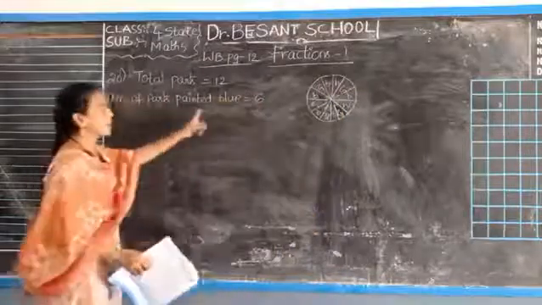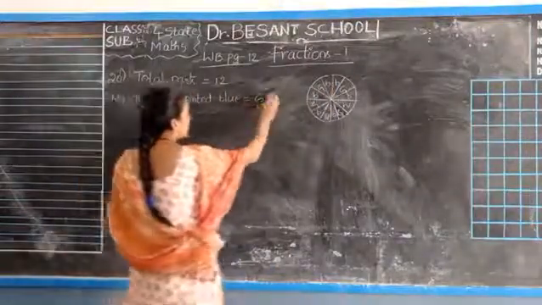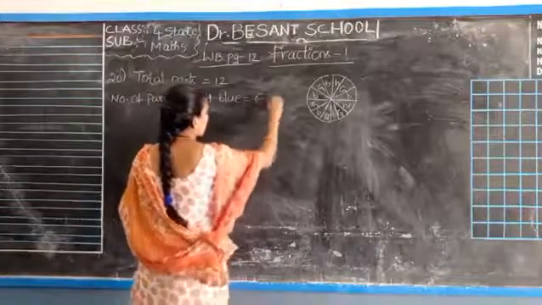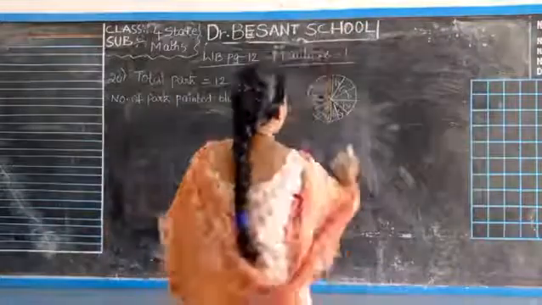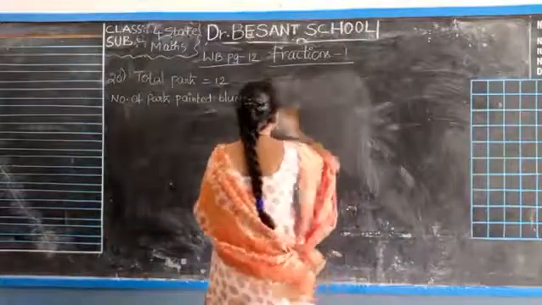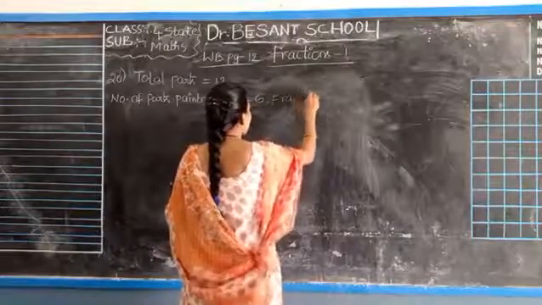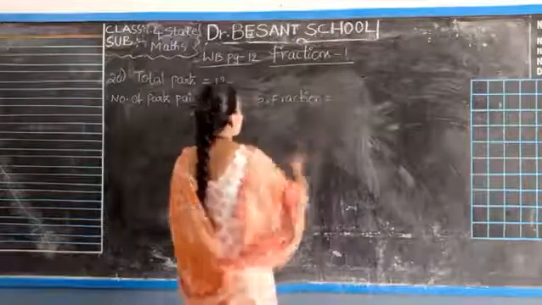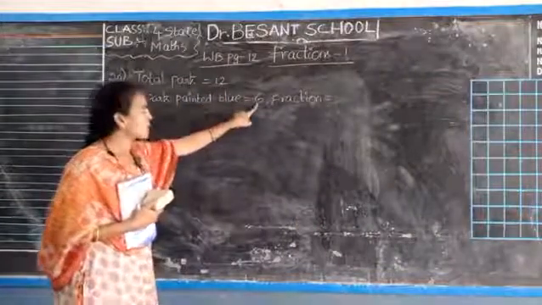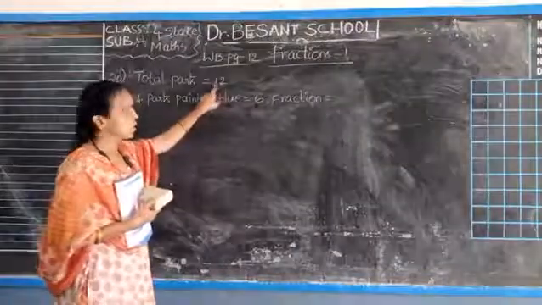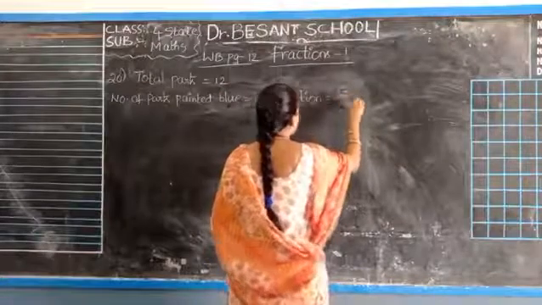So the number of parts painted in blue is 6. So what is the fraction then? I will rub that circle, children. So write the working clearly. Fraction of blue color, 6 by 12. 6 are the parts of blue color out of 12. So 6 by 12 is the fraction.